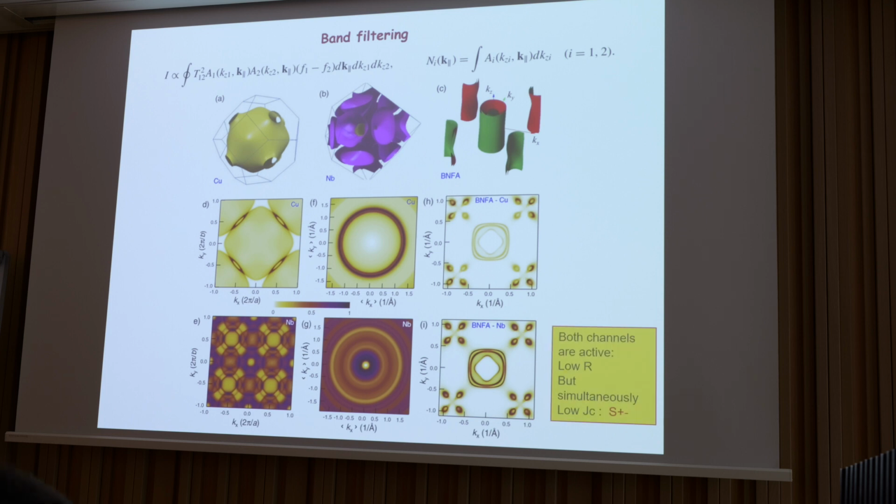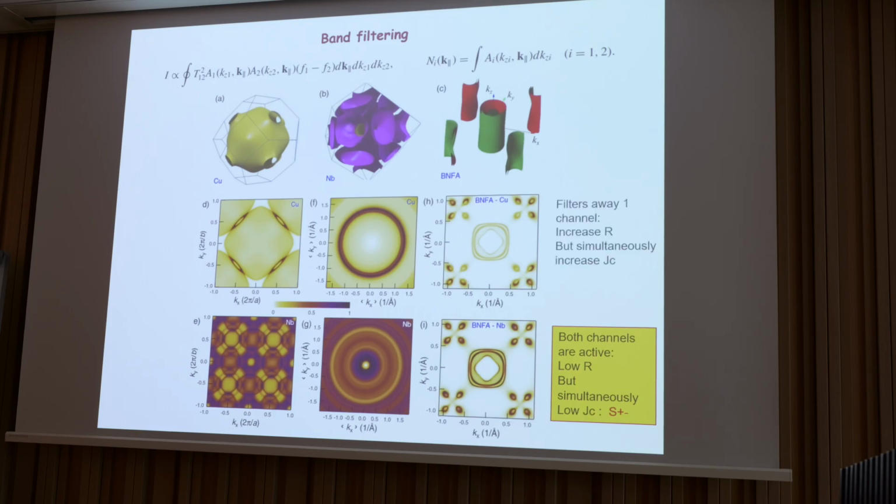Now this explains our strange result that I have shown. So for direct contact with niobium, both channels from different bands are active with equal weights. And that leads to, first of all, low resistance, because there are two channels. However, simultaneously, it leads to low critical current, because the bands have opposite sign, so they are subtracted from each other.